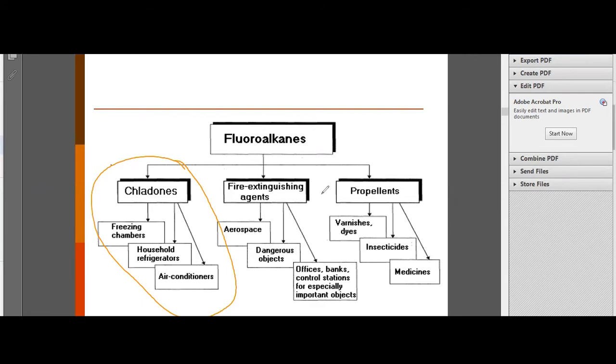And then the second is fire extinguishing agents. Since fluoroalkane is unreactive, it can be used to prevent combustion reactions. And then the third is propellants.